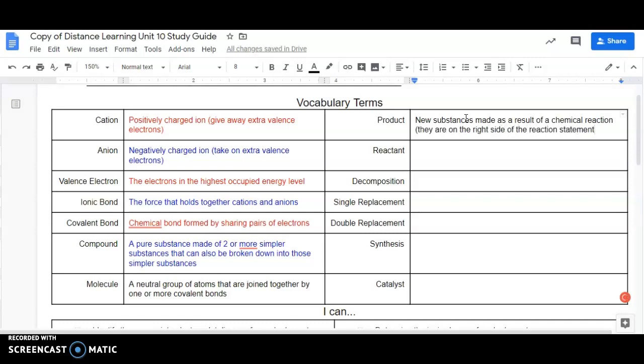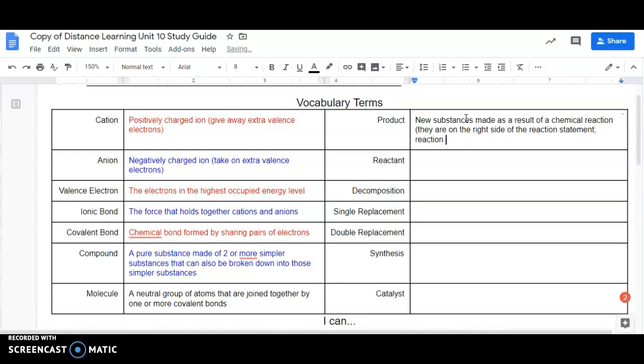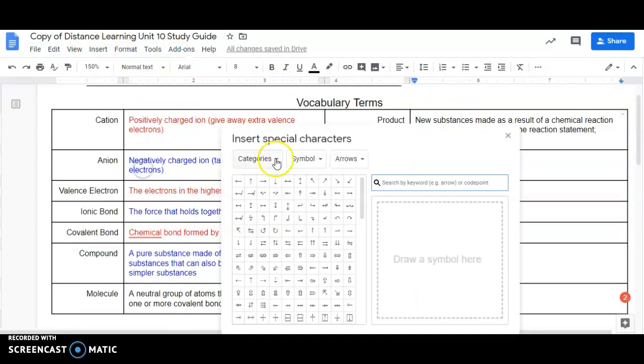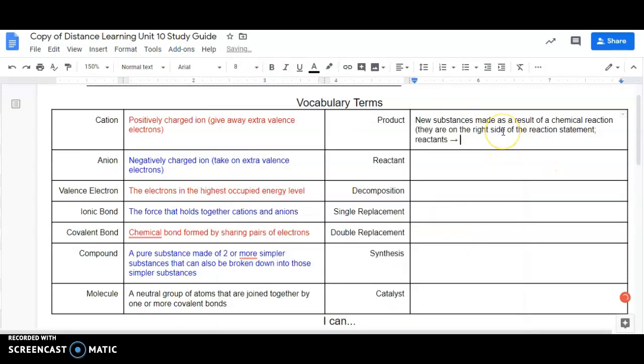So if I give you a chemical reaction statement, everything on the right side of the arrow is a product. So reactants, and we insert an arrow here, and then our products would all be listed on the right side of that arrow.